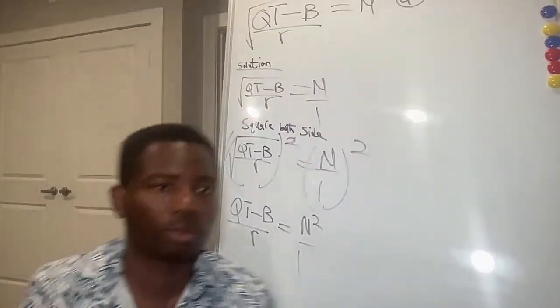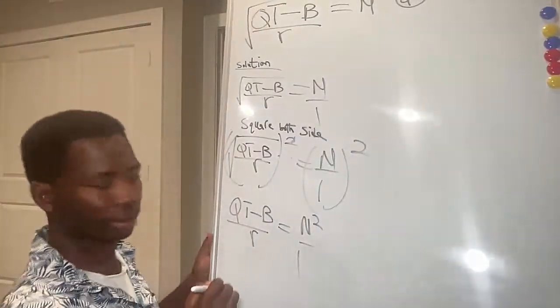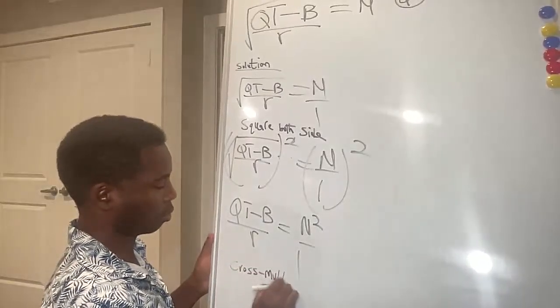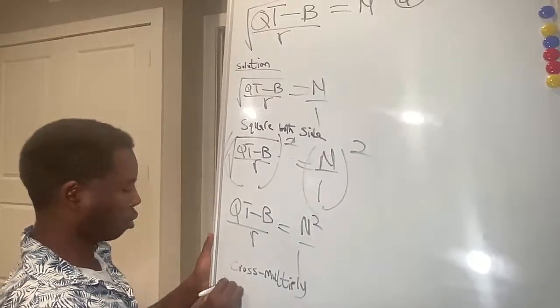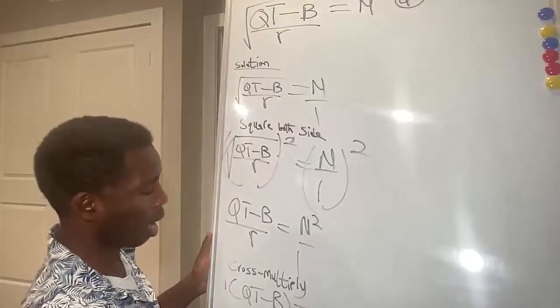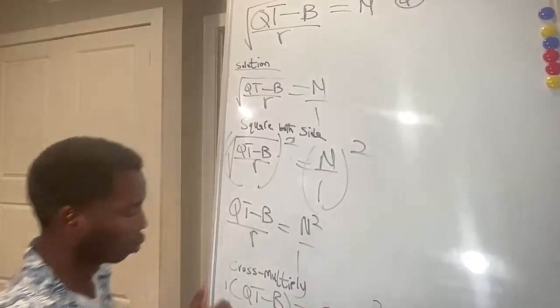N square over 1. What next? Cross multiply. 1 times qt minus b is equals to r times n square. So 1 times this will give same.